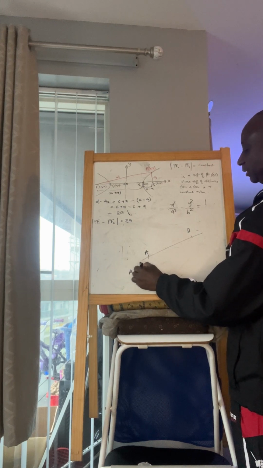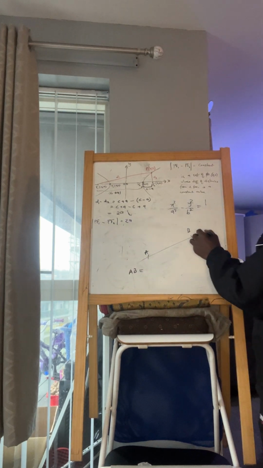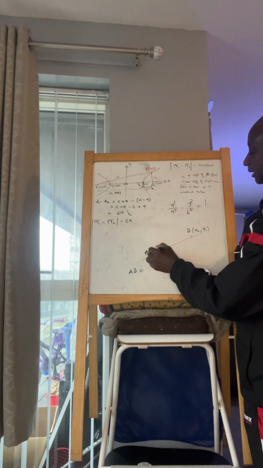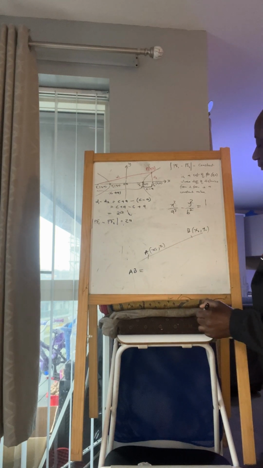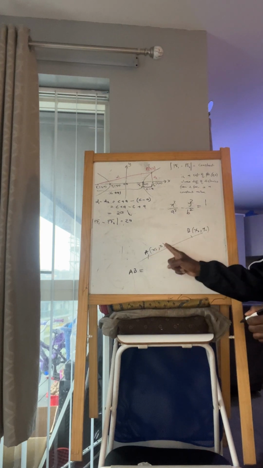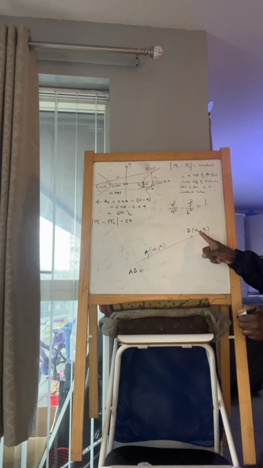If the coordinates here are x2, y2, and the coordinates here are x1, y1, the x value here is x1, the y value is y1, and the x value is x2, y value is y2.